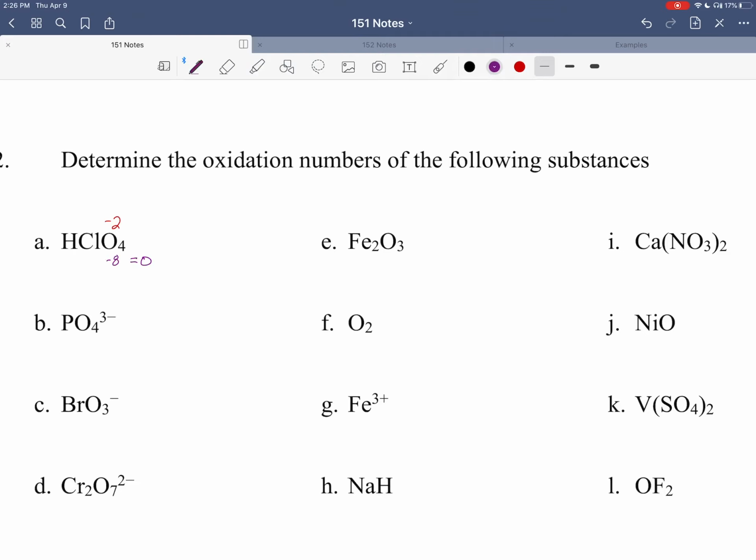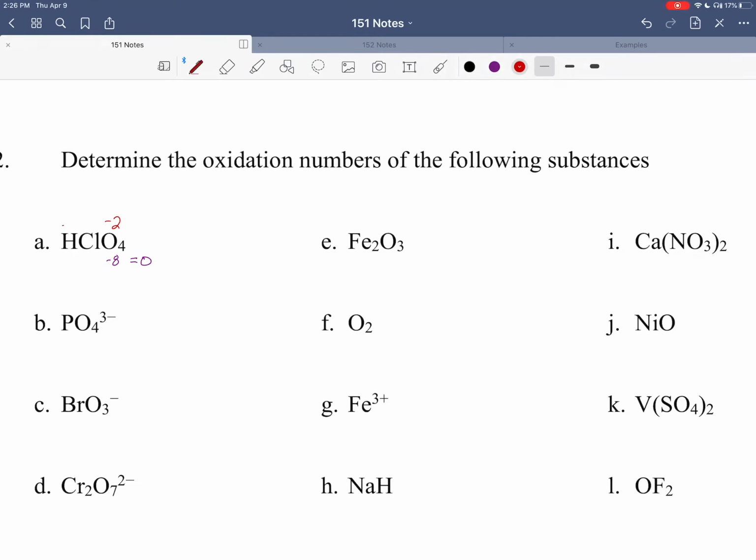Now, chlorine's next, and it can be -1. But the problem is if I make chlorine -1, then that makes -9, and hydrogen would have to be +9. That's just not possible. Hydrogen only has 1 proton, so at the most hydrogen can be is +1.